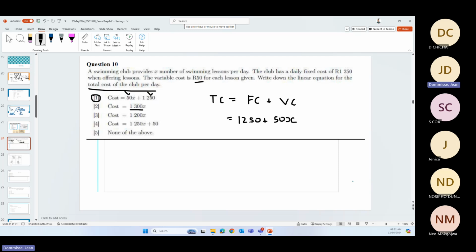If you said 1250 plus 50, you would have gotten 1300. If you said 1250 minus 50, there's our option. And if you swapped it around to say 1250x plus 50, there is the option.